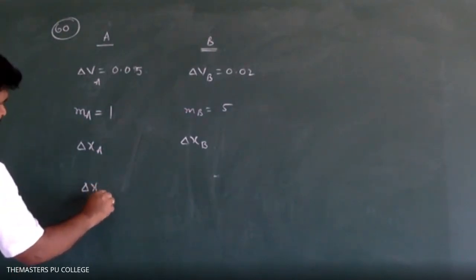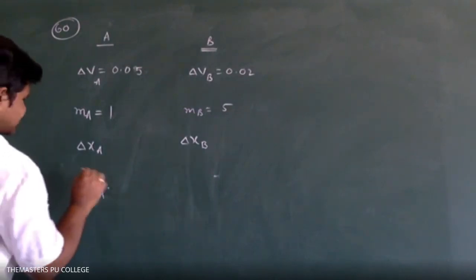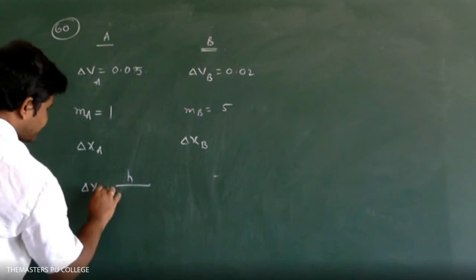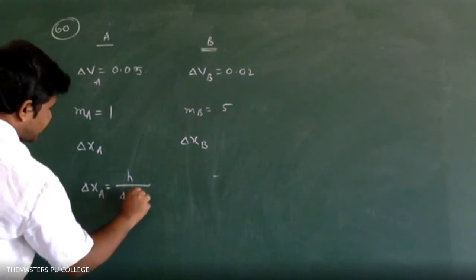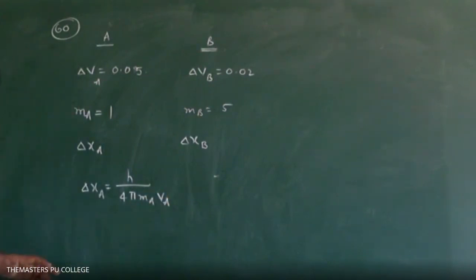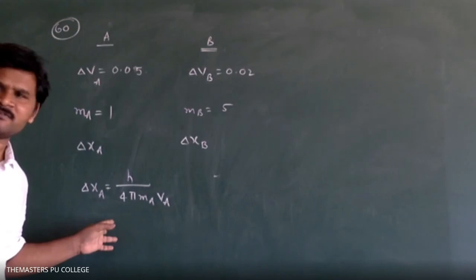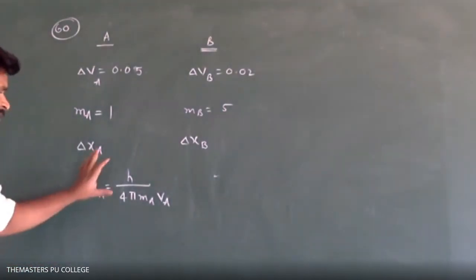Delta XA, simply for understanding I have taken, is equal to H by 4 pi MA VA. I changed the Heisenberg uncertainty principle formula. Delta X is equal to H by 4 pi MV.